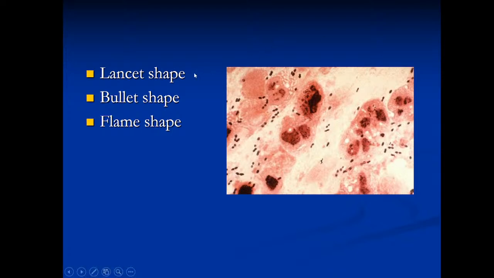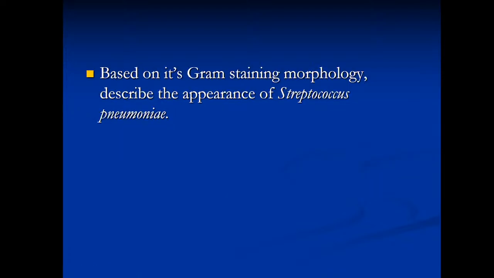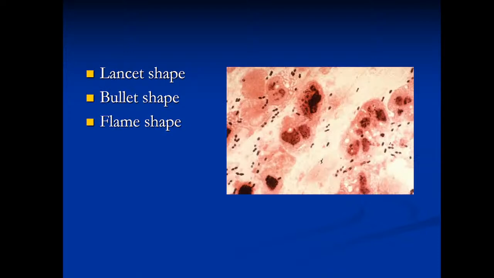All right, so lancet shape, bullet shape, and flame shape. That's the appearance of your Streptococcus pneumoniae. And actually, guys, if you take the ACP exam, they will give you a picture of this organism plus the biochemical and the clinical case presentation, and then you're going to choose which of the following organisms is the most likely cause of the patient's disease.